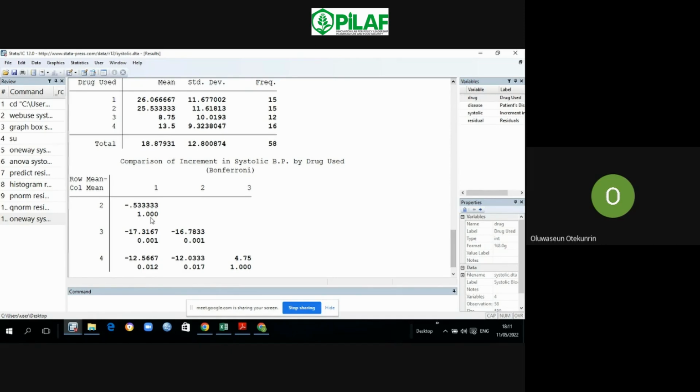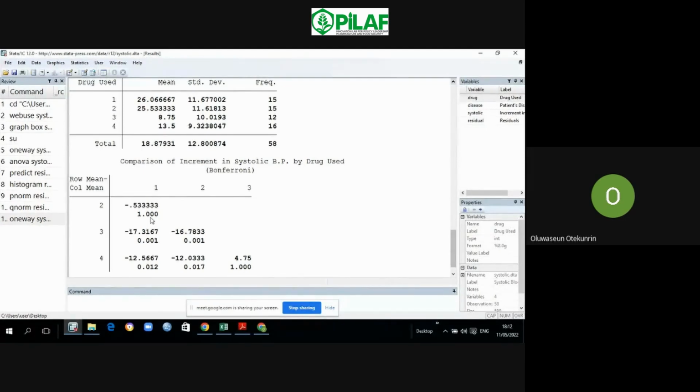Similarly, if we go to 3 and 1, that is row mean minus column mean. The row is the 3, the column is the 1. The mean for 3 is 8.75 minus the column mean, 26.0667. If you do that subtraction, you get minus 17.3167.